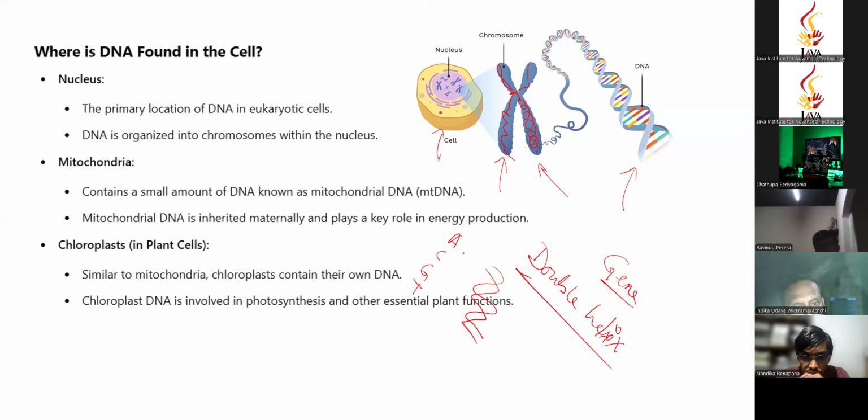These DNAs are wrapped around with a protein coating, and then we call that the chromosome, and many chromosomes are found inside the nucleus. So when a male cell and a female cell fuse together, they have different chromosomes coming from males and females.